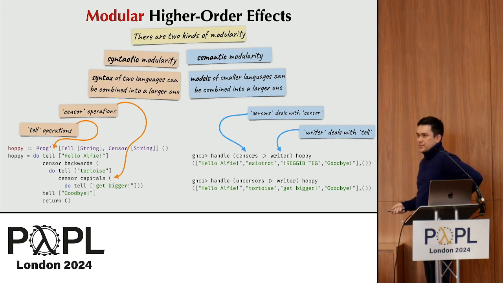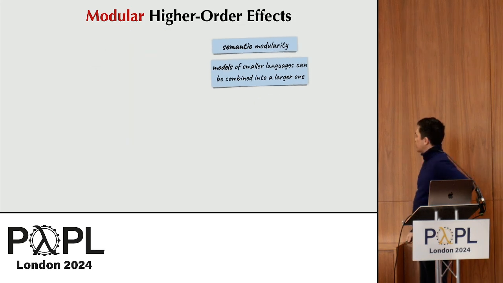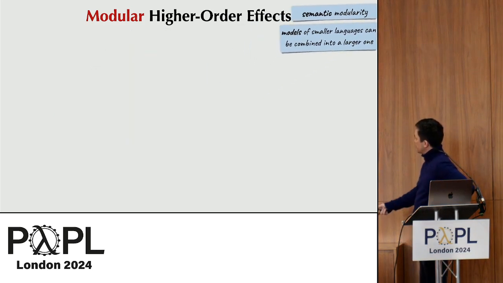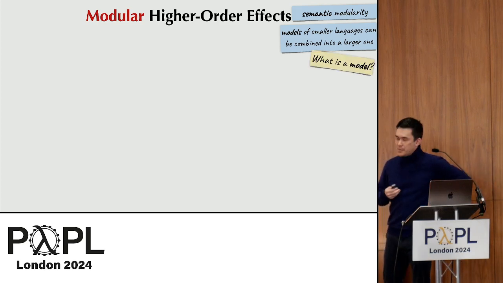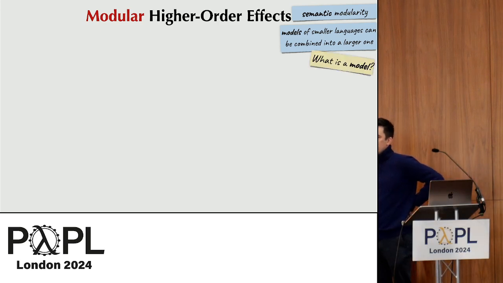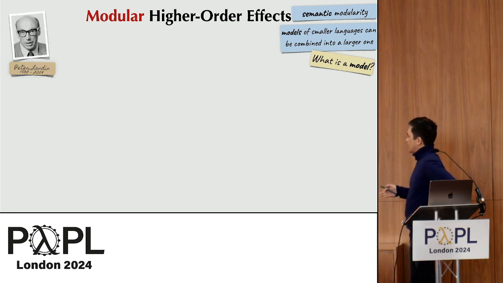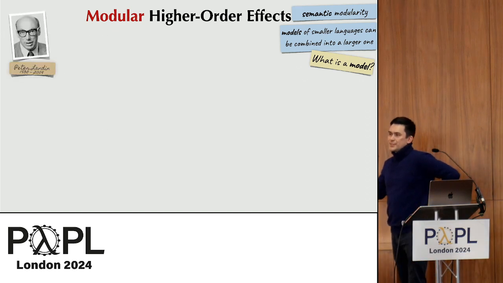I also said that I would say something about what we call semantic modularity, where models of smaller languages can be combined into larger ones. And for some of you, the question might be, hang on a minute, what is a model? What do you mean exactly by that? So for that, we go back to our friend Landin again.